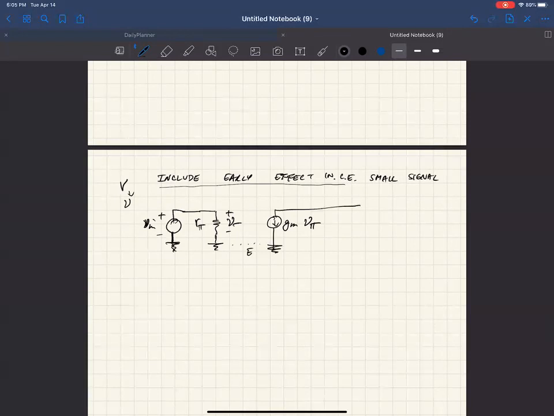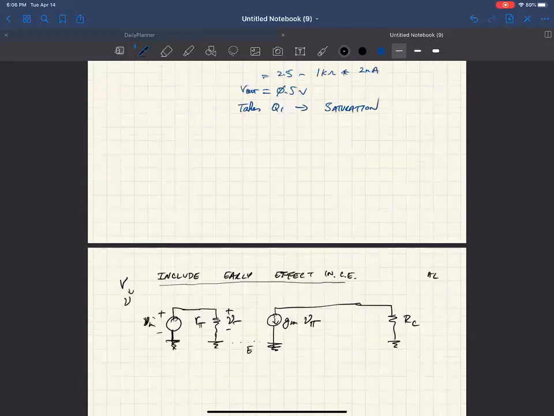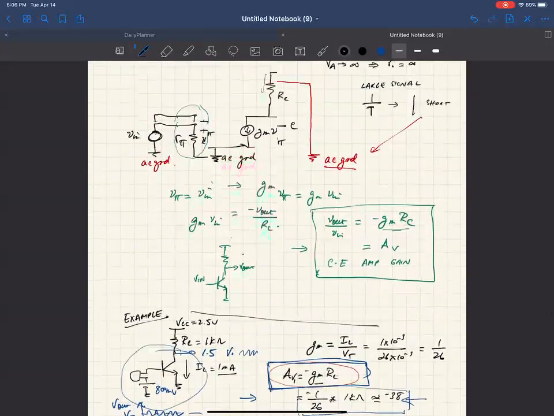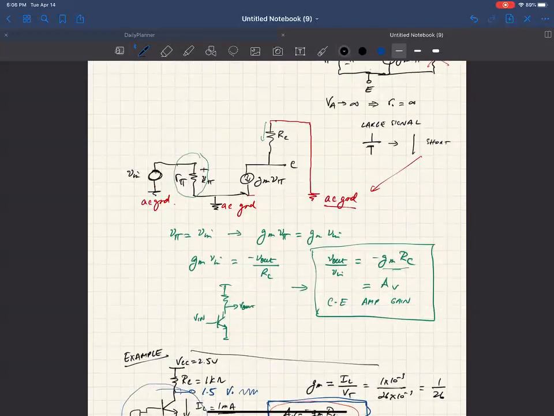And then we had R sub C, hooked up like that, so I just flipped it over, and from an AC sense it's connected to ground. This really bothered me when I was an undergrad taking these classes, so I wouldn't be surprised if you're getting confused. Basically, anything that's a DC bias, we change to a 0-volt battery.